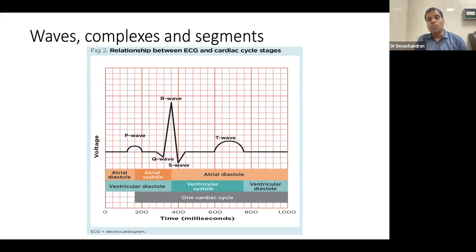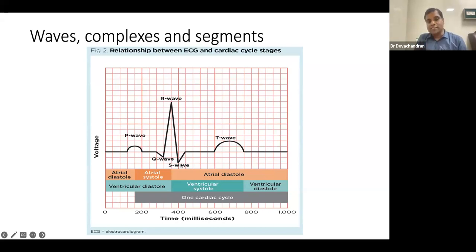So moving on to the nitty-gritty stuff, you all know what the ECG involves. There are waves, complexes and segments in an ECG. The first wave is the P wave, which represents the atrial contraction.